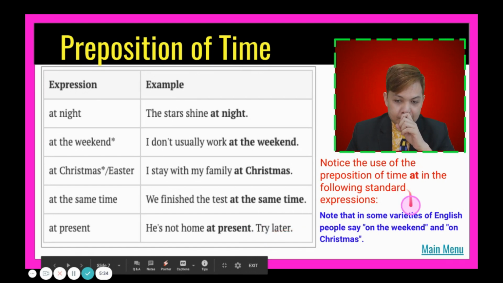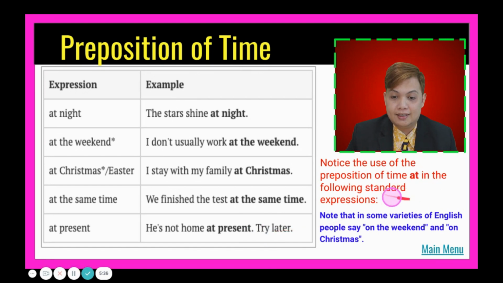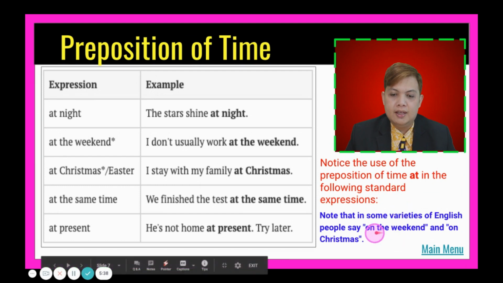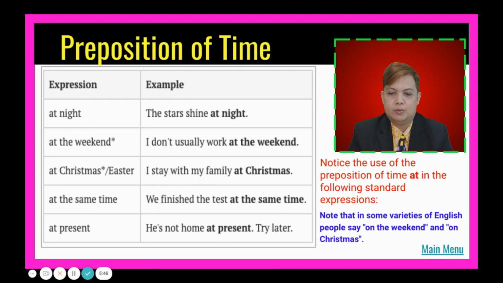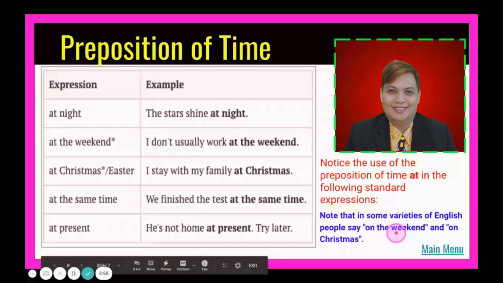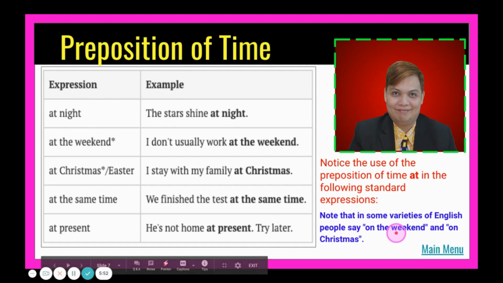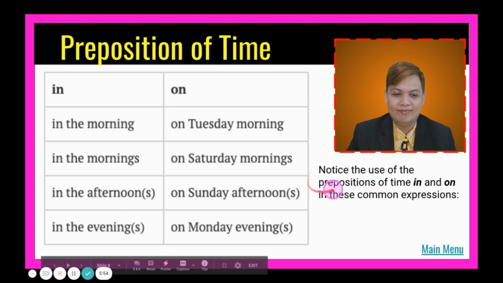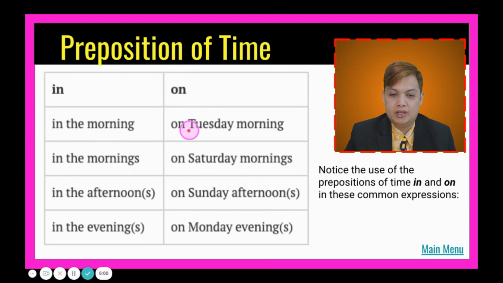Notice the use of the preposition of time at in the following standard expressions. Please note and remember that in some varieties of English, which are all acceptable as well, we say on the weekend and on Christmas as well. Alright, let's move on. For prepositions in and on, we use in the morning, we use on Tuesday morning.